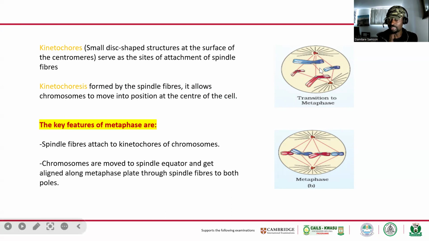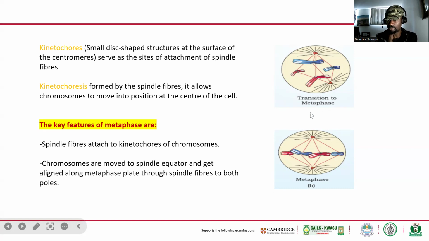If you notice, these are the spindle fibers, and the point where you have this is the kinetochore, at the surface of the centromere. You understand? So this, formed by the spindle fiber, allows the chromosome to begin to move into position at the center of the cell.